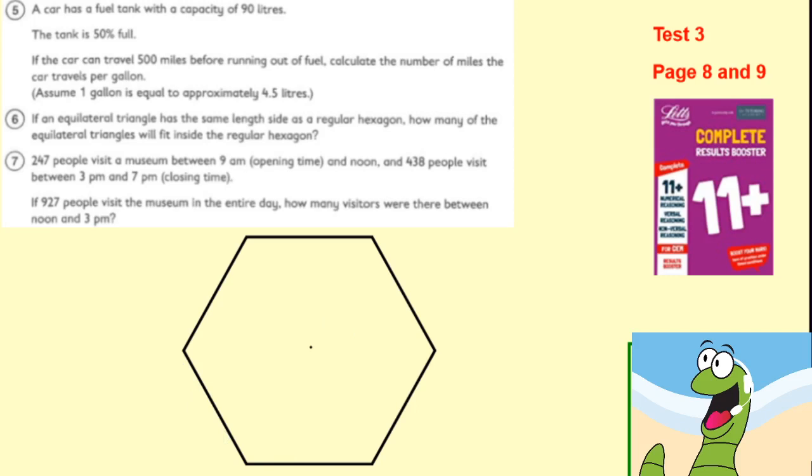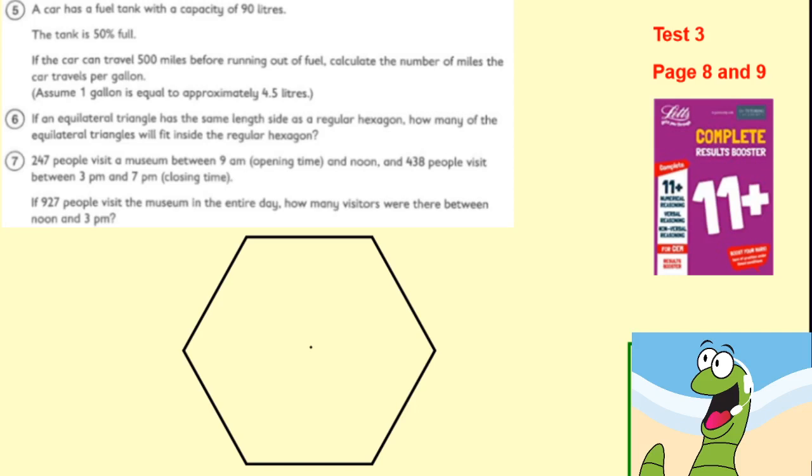Don't forget equilateral means all sides have to be the same, as the side of the regular hexagon, so that side there will be the same as the remaining two sides. How many of the equilateral triangles will fit inside the regular hexagon?